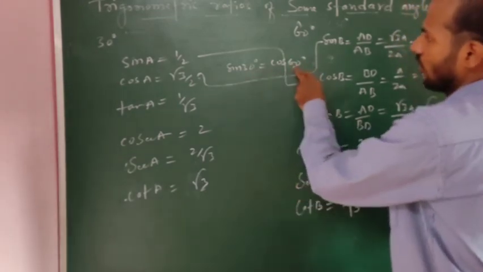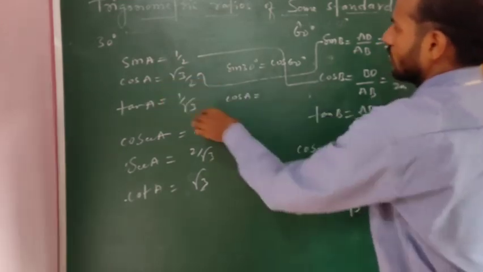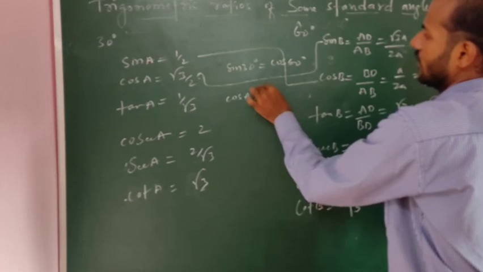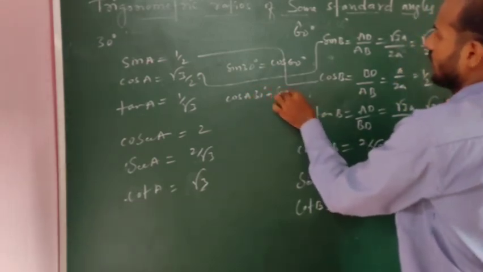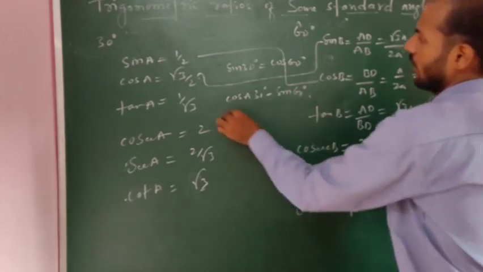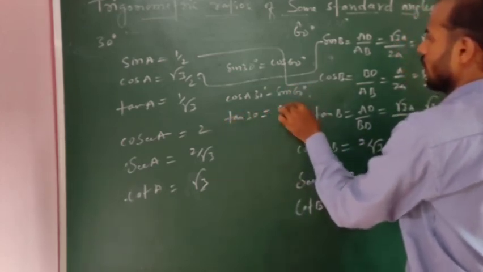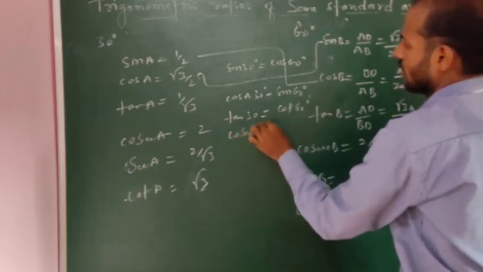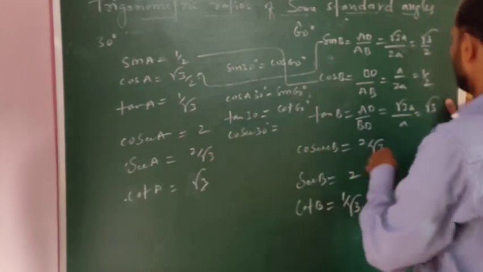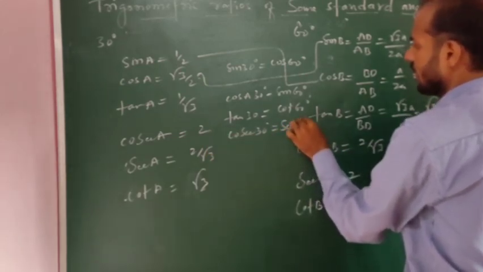Sin 30 equals cos 60. Next, cos 30 equals sin 60. Next, tan 30 equals cot 60. Next, cosec 30 degree is 2, and the value 2 is sec 60 degree.